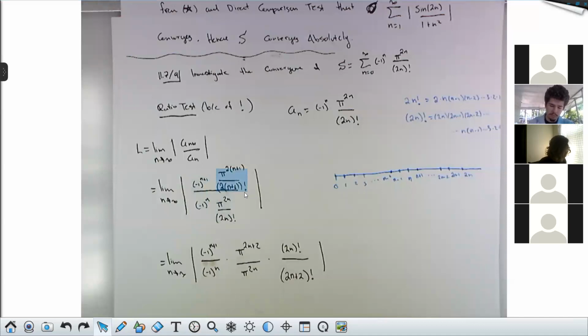I leave this alone, and then I flip and multiply by this. So that gets my pi to the 2n downstairs and my 2n factorial upstairs. And then since everything's being multiplied, I just regroup the like terms with like terms. So I've got a pi to the 2n plus 2 upstairs and a pi to the 2n downstairs. That's there. And we said from flipping and multiplying this, we'd have a 2n factorial upstairs. And this guy is (2n plus 2) factorial. He stays downstairs.